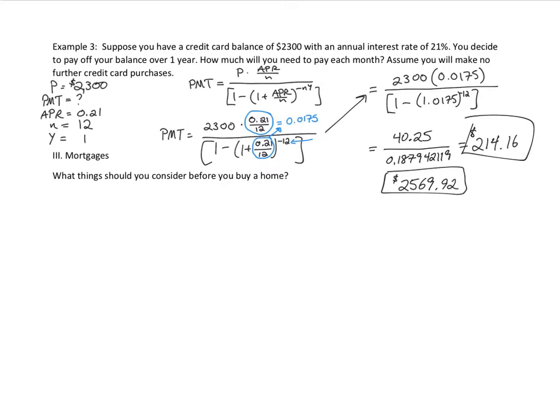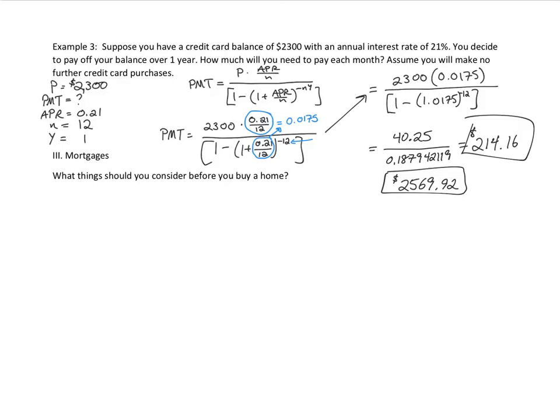So that's $269 more than what you started with up here. I thought it was going to be a lot more than that. I guess the term being so short is what tricked me into it. I'm used to thinking about longer term loans, like car loans, 5 years, 6 years, mortgages. Mortgages can be as low as 20 years. We're going to talk about all that coming up right now.